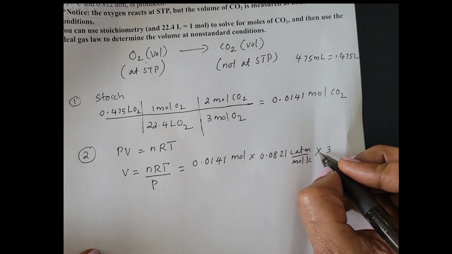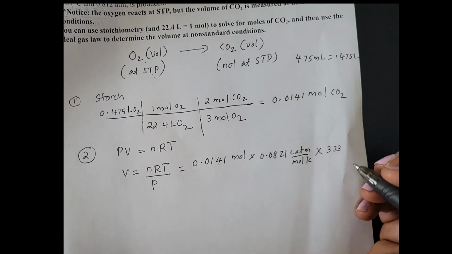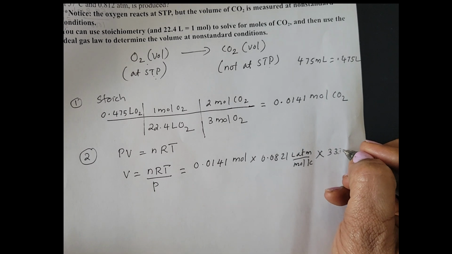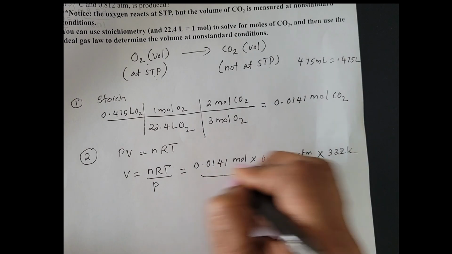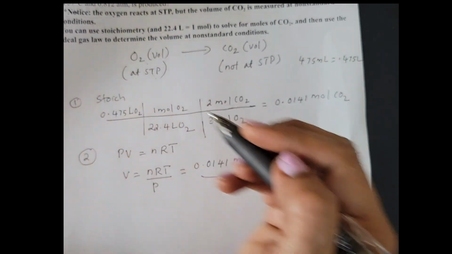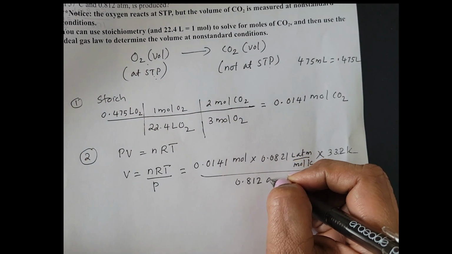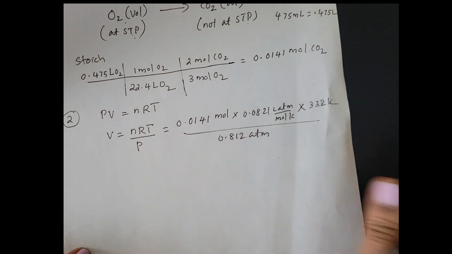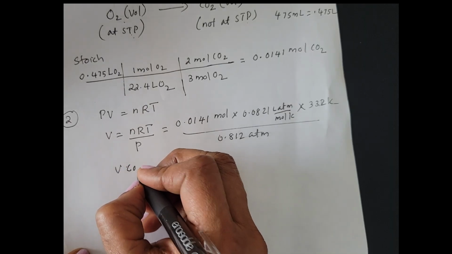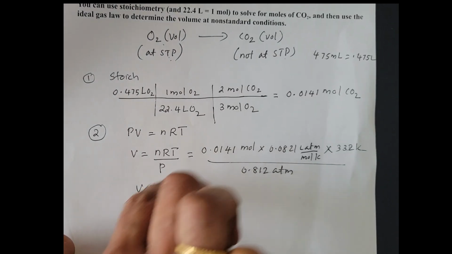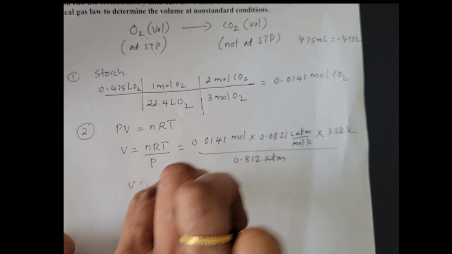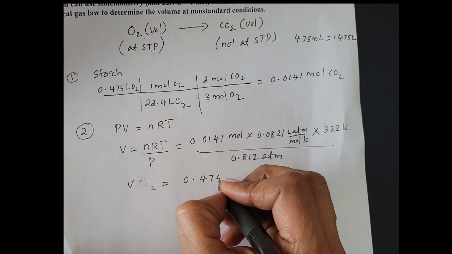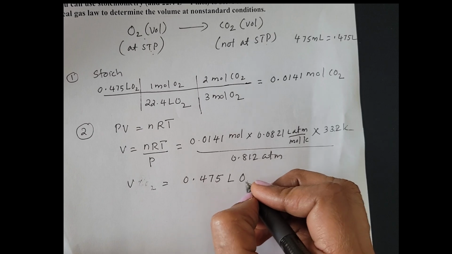You have to convert that into Kelvin by adding 273, which is 332 Kelvin, divided by pressure, which is given as 0.812 atm. So when you do the calculation, you will get the volume of CO2. You just write V is equal to 0.475 liters of CO2.